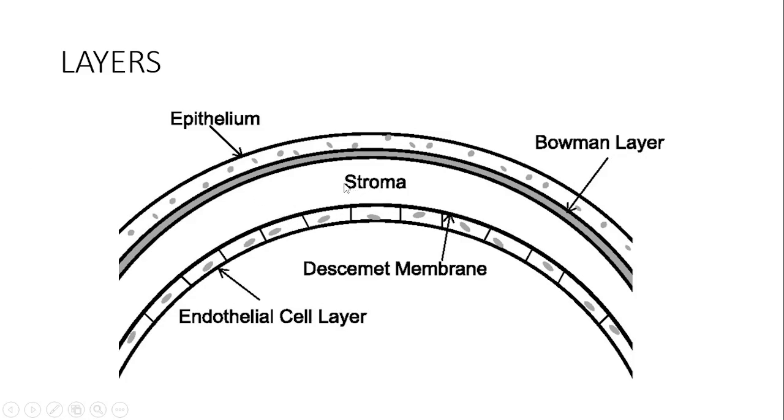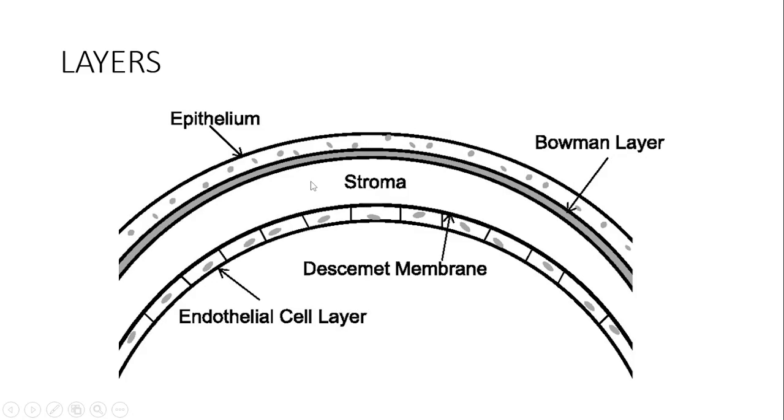Alright, so the stroma constitutes 90% of the thickness of the whole cornea. And interestingly, 80% of the stroma is made up of what?